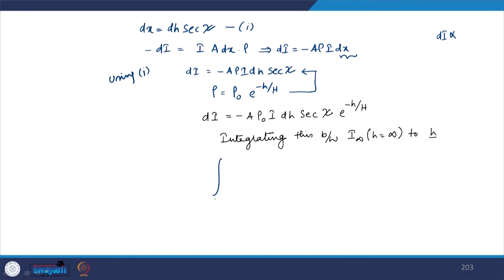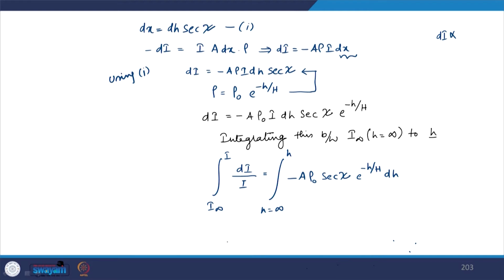So integral I infinity to I dI over I is equal to integral h is equal to infinity. h is equal to infinity means at the top of the atmosphere, when the radiation is just entering into the atmosphere, where the intensity is maximum, which is being referred to as I infinity, minus A rho naught. Now rho naught is the density at the bottom, that is h is equal to 0, or the surface of the earth, secant chi. Chi is the solar zenith angle, e to the power of minus h by capital H dh.